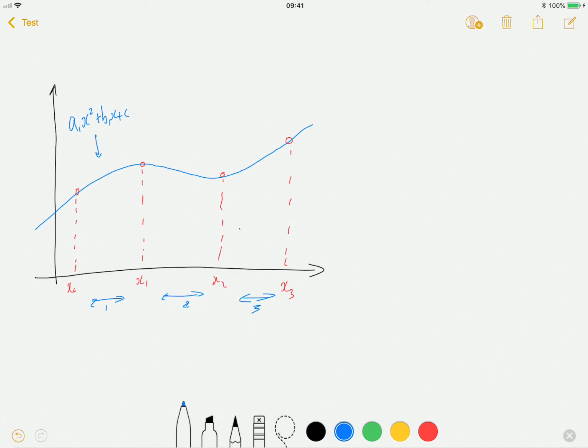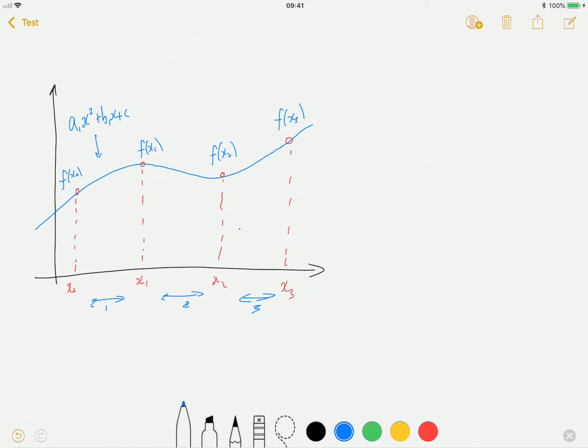And I'm going to term the y values for my data points as f of x0 at x0, f of x1 at x1, f of x2 at x2, and f of x3 at x3. Okay, so we have, for example, n plus 1 data points and n intervals. So here we have 4 data points, 3 intervals.